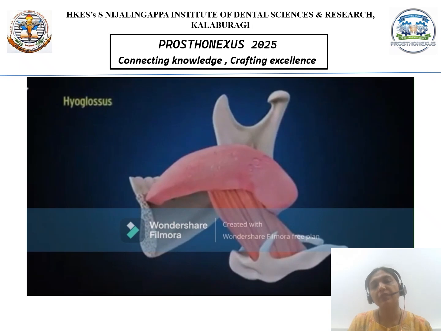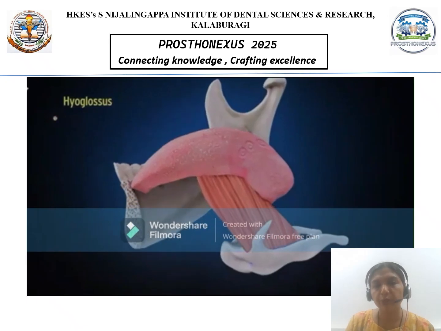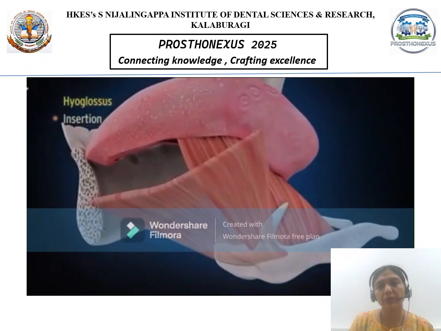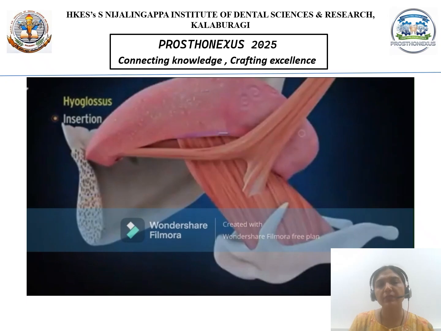Then we have the hyoglossus muscle. The hyoglossus origin is from the hyoid bone, the upper surface of the cornua of the hyoid bone and the body of the hyoid bone, and the insertion is towards the surface of the tongue. Again this is a very important muscle.